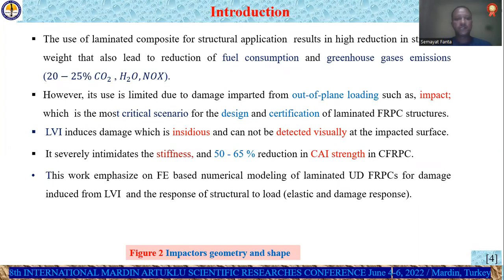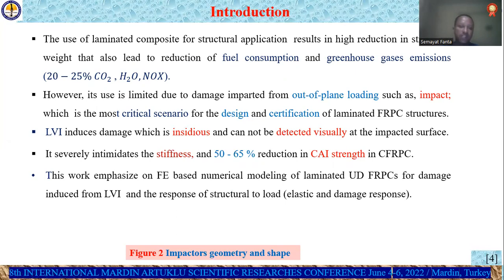The use of laminated composite for structural application results in a high reduction in weight, and it is characterized by high strength and stiffness. Due to this reduction in weight, there is also a reduction in fuel consumption in the case of aircraft.